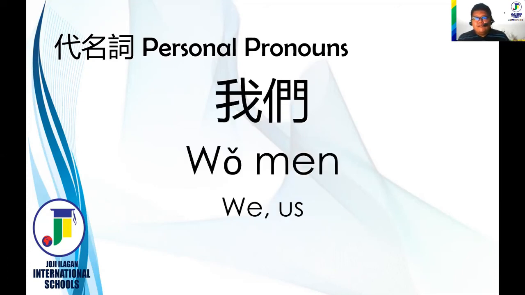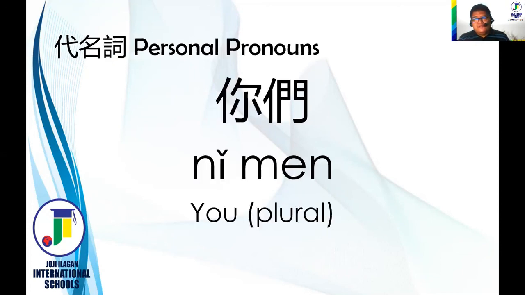Okay. So how about the plural form of the first person pronoun? We or us: 我们. Repeat with me. 我们. Okay. So that is the first person plural form. Here's the second person pronoun plural form of you: 你们.